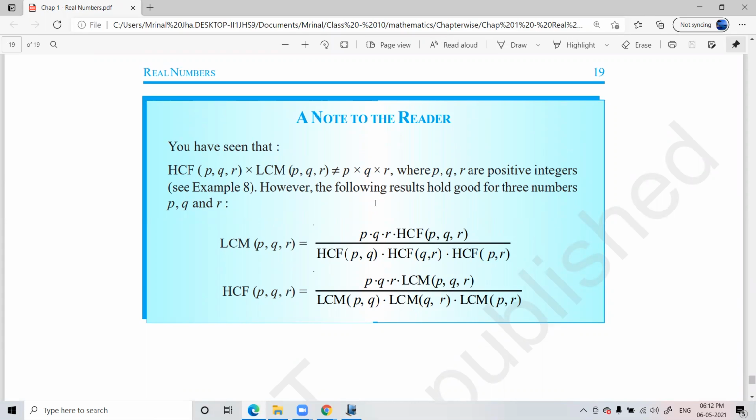So if you have three numbers P, Q, R, the LCM, you can take it like this. So basically what they're saying is P into Q into R will be equal to, you can find it from this formula, no? What is PQR equal to? LCM into the HCF of all these individual pairs.